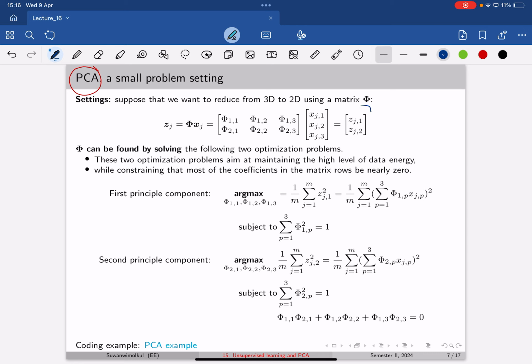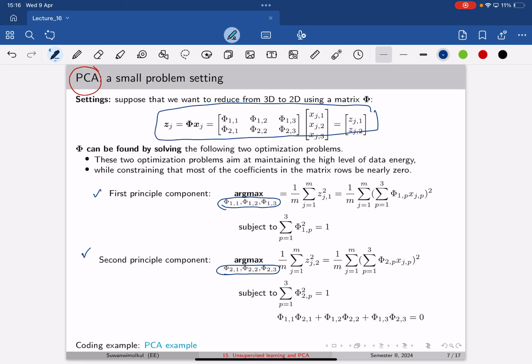Anyway, so this is your setup. You can solve for your first row and second row. In this case, let us look at the original problem. The first row and second row of your phi matrix are going to be solved independently. So if you reduce your data from 3 to 2, you have 2 optimization problems.